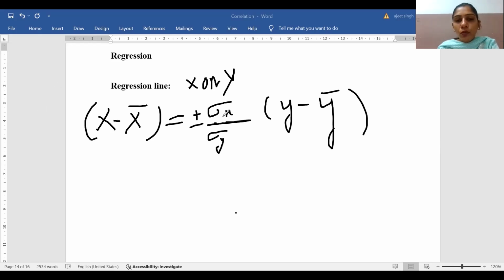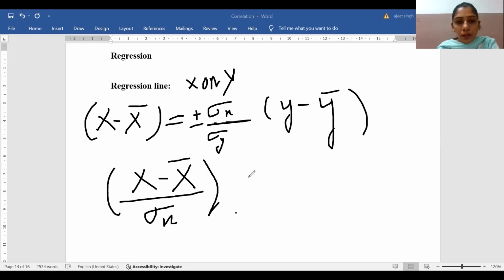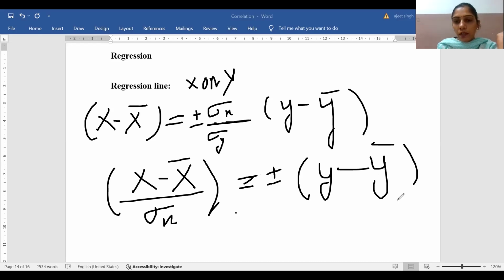Now what we will do is bring this standard deviation of x below the x minus x bar, so it is equal to plus or minus y minus y bar divided by standard deviation of y.